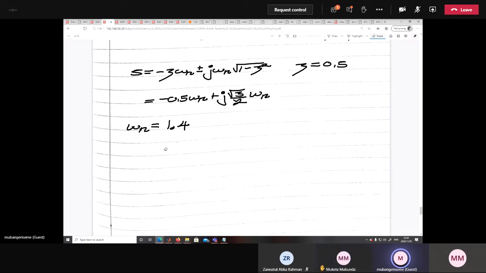No, I mean, if you look at that ratio and you do it now, you'll get 60. So why is omega n what it is? Because if you pick any, how do I know that that point's on the locus?